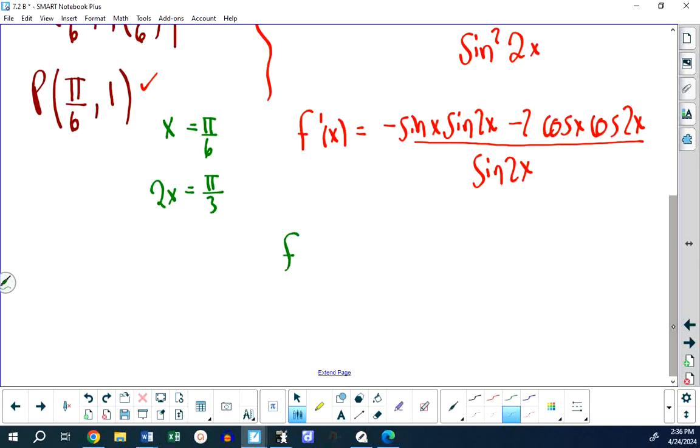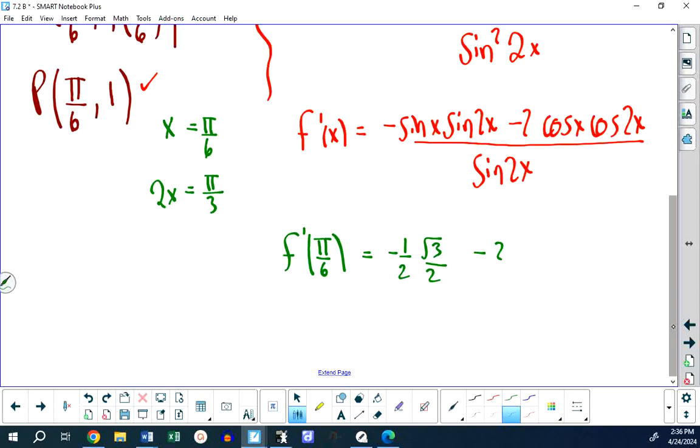When I talk about f prime of pi over 6, this will be negative sine of pi over 6, which will be negative 1/2 because sine of pi over 6 is 1/2. Sine of 2x will be sine of pi over 3, which is root 3 over 2. Minus 2 times cosine of pi over 6.